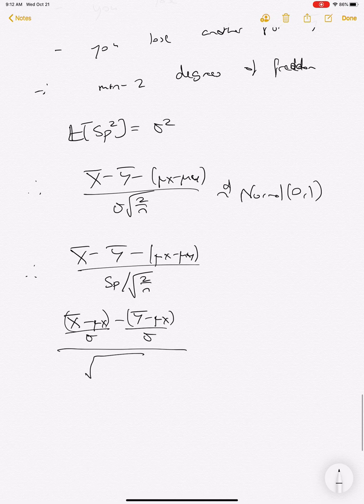and then that's all going to be over the square root of 2 sp squared over n sigma squared.